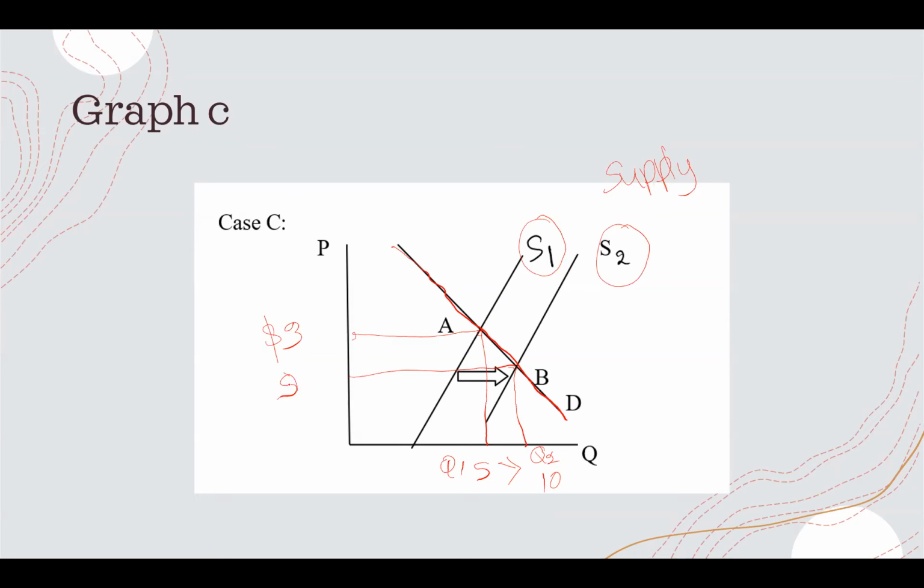They have to reduce the price. So the price is decreasing. When supply is increasing, price is decreasing. So when supply is increasing, there is a right shift in the supply curve.